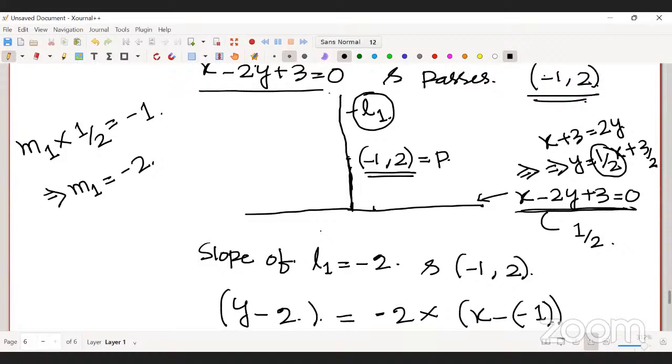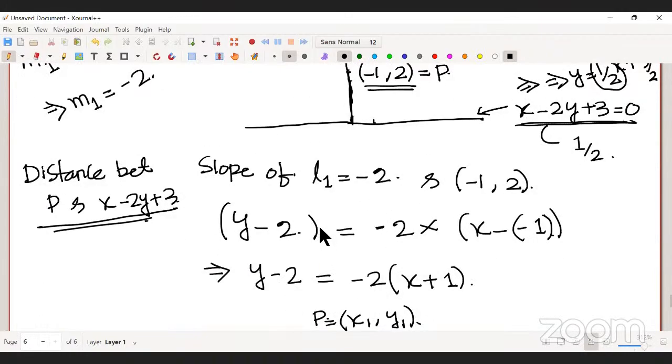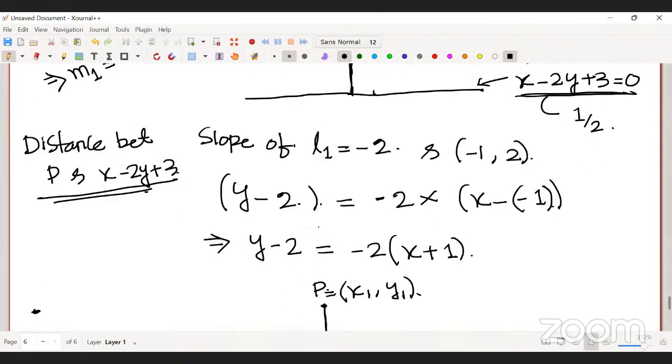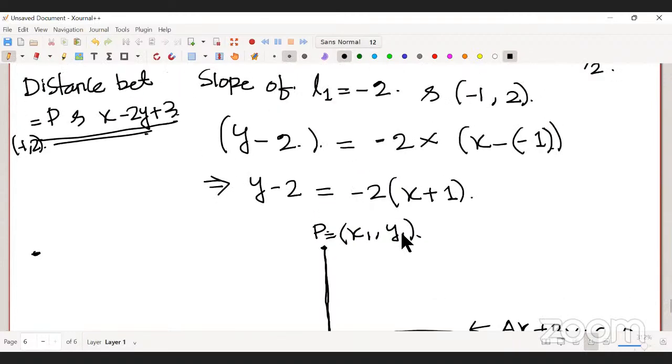What will be the distance between P and this line x minus 2y plus 3? How can I compute it? P is minus 1 comma 2, right? So if I apply the formula, what should I get?